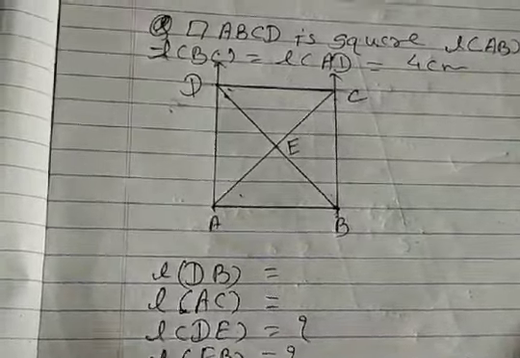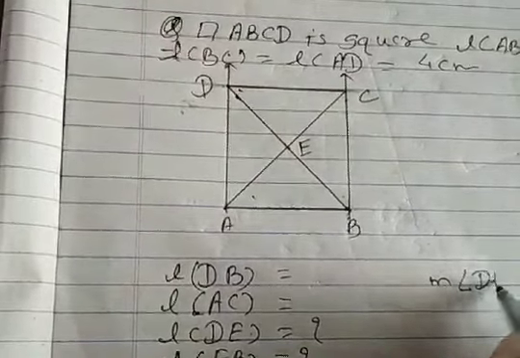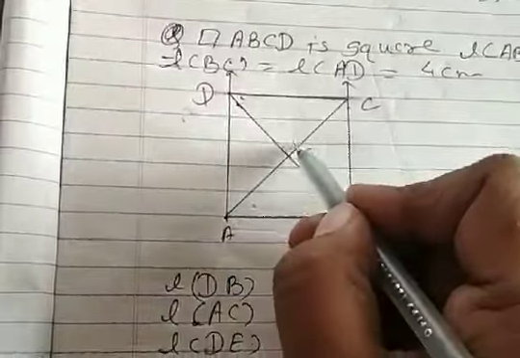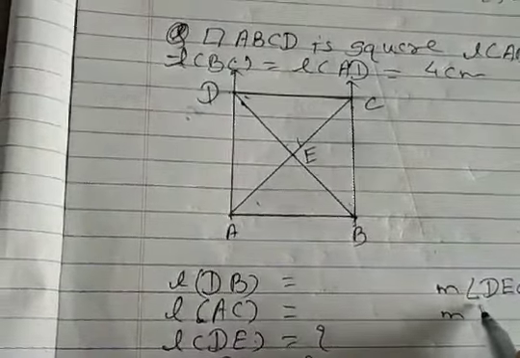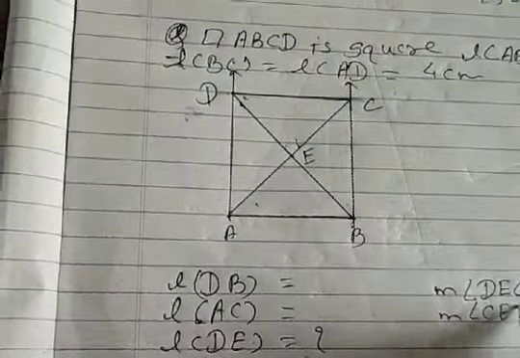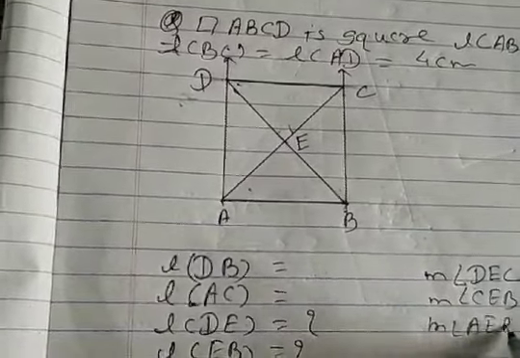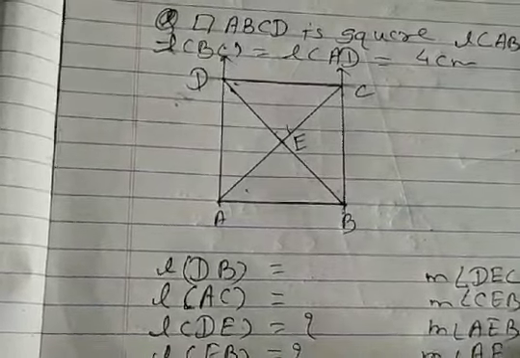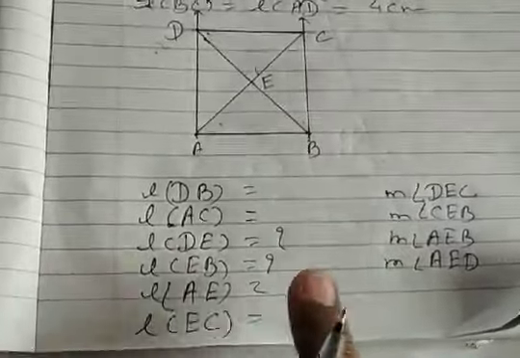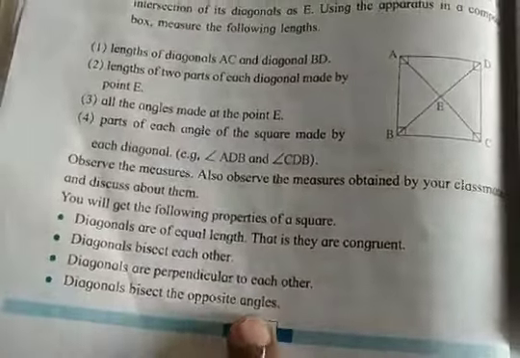And with this you have to measure the angle DEC, otherwise angle CEB or angle AEB and angle AED. So you have to find all these angle measures, and from this we will study the remaining properties of a square in tomorrow's lecture.